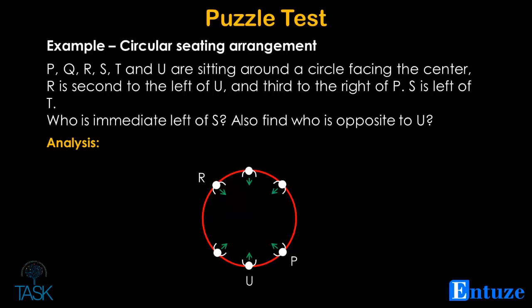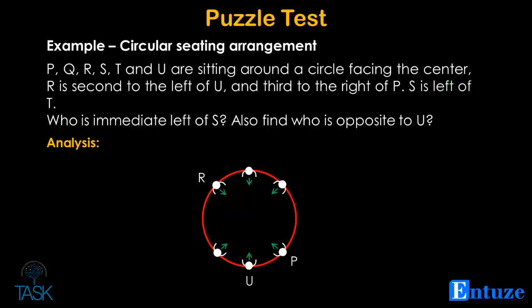Now we have got the positions of U, R and P. We need to find the positions of T, S and Q. Let us now focus on the third statement, which says S is left of T. So they are adjacent or next to each other.